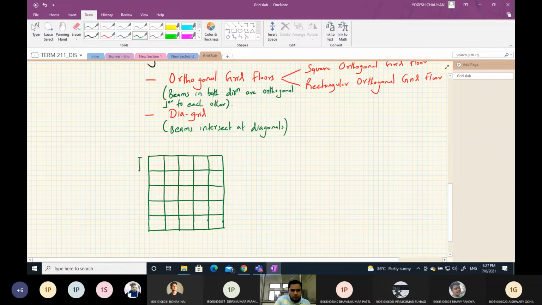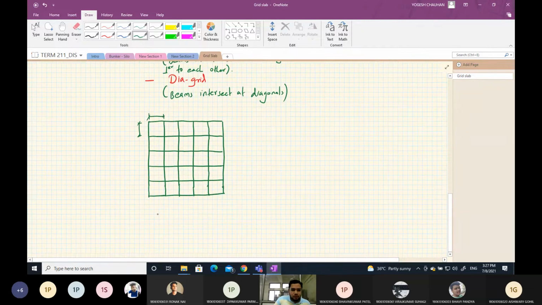Here, in case of square orthogonal grid, the beams are perpendicular to each other. This is a square orthogonal grid floor.